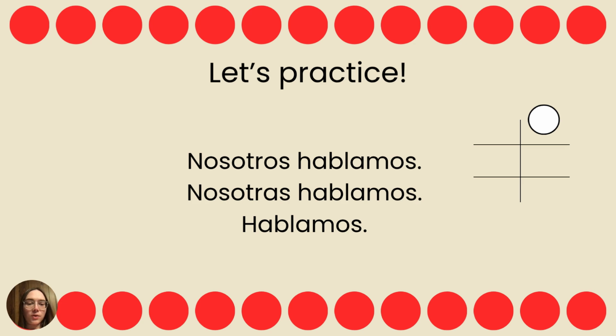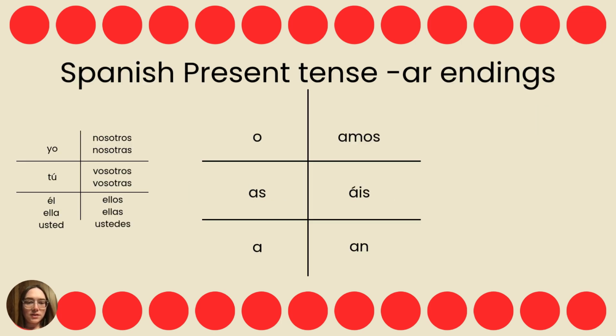Now I will show you one other thing right here, just about the endings. I want you to notice that in the AR endings, there is a little bit of a pattern. So let's see, here they all are. So O is for yo, and then you notice how they all have A's, right?